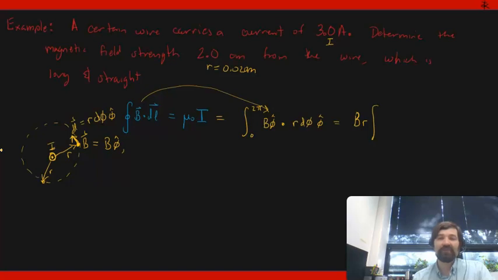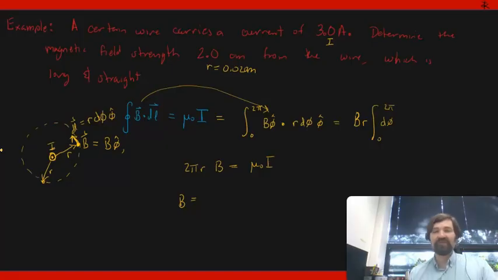And then my integral just becomes d phi from 0 to 2 pi. And so upon evaluating this, obviously this ends up being phi, evaluated from 0 to 2 pi. We end up getting just 2 pi. And so I have 2 pi r times B is equal to mu naught times I. And therefore B is equal to mu naught times I over 2 pi r.